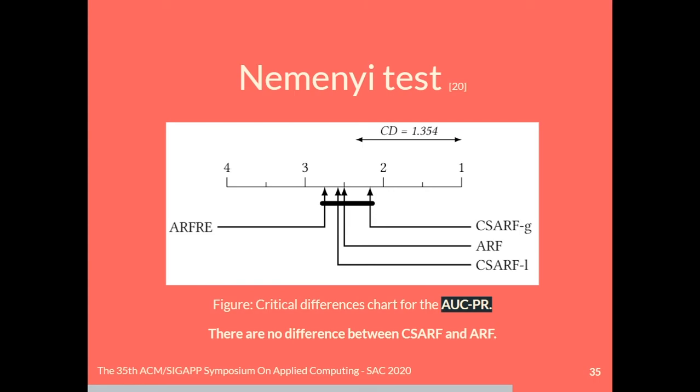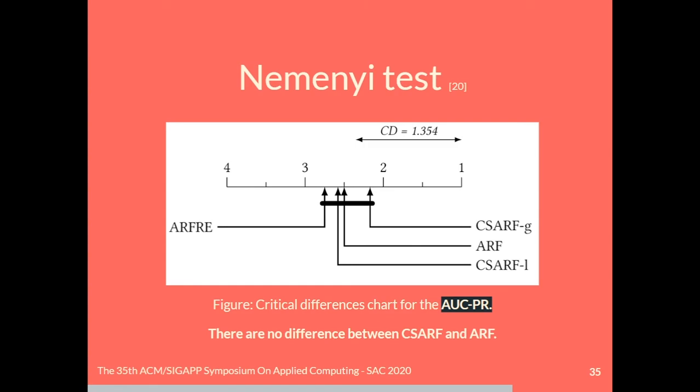So in AUCPR, there is no difference. Even so, CSARF ranked first in each of the metrics evaluated, and the null hypothesis is rejected. The Nemenyi test also suggests that between CSARF versions and ARFRE with resampling, there is no significant difference.